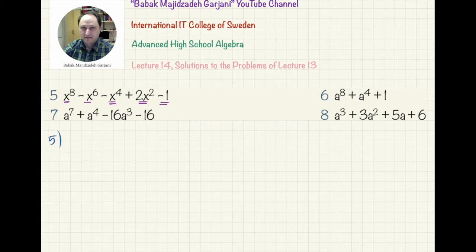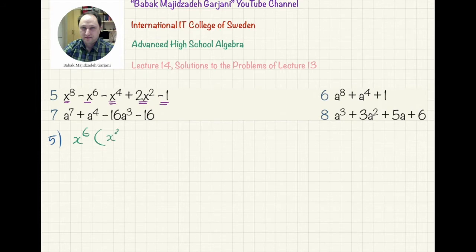Okay, so I will factor x to the power of 6 out from the first two. You see, I decided to group them together. They have a factor of x to the power of 6 in common. And then there is nothing in common here, but if I factor a minus sign out, then it will be a quadratic pattern. Okay, so let us see how it goes. I take x to the 6 out from the first group.